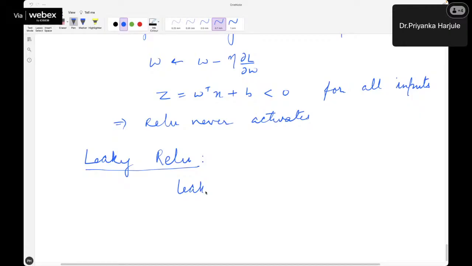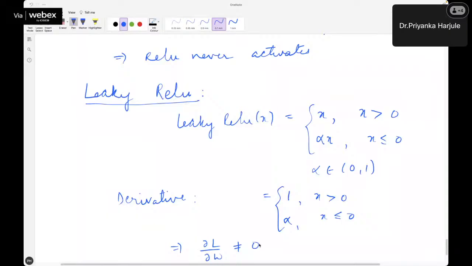So hence the weights can still be updated and the neuron may come back to life.